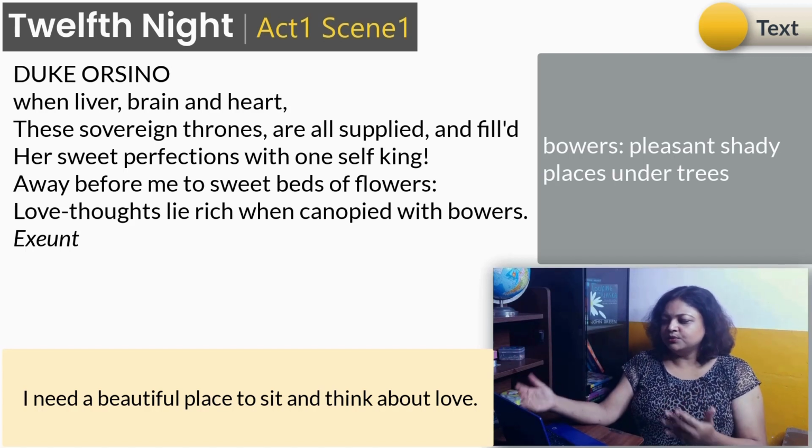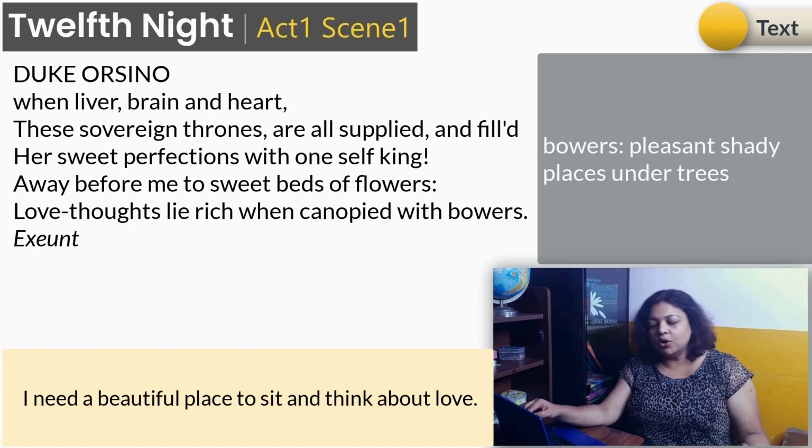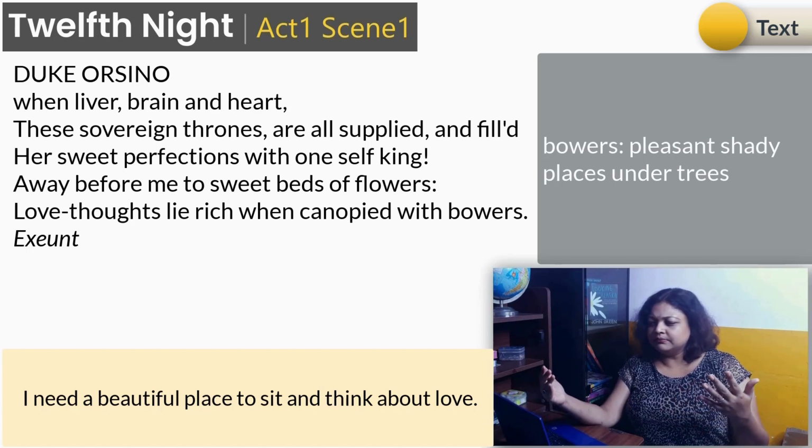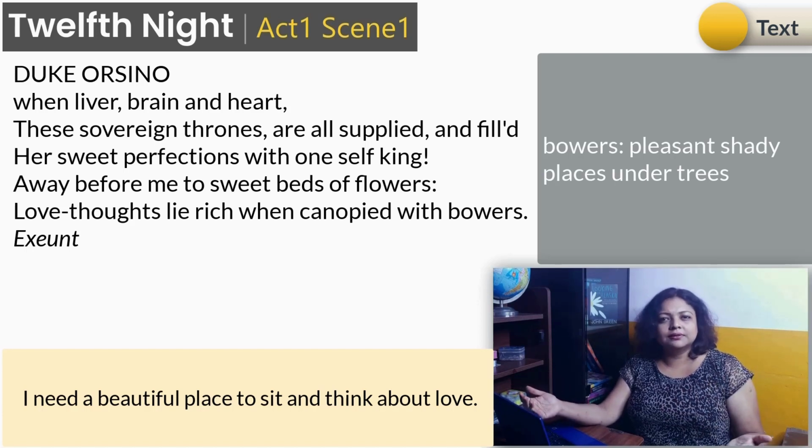Notice the repeated use of personal pronouns. I, me, myself, me thought. If you actually count them, I counted them, he uses them almost like 10 times. He names Olivia once and he talks about himself. So it's all about himself.